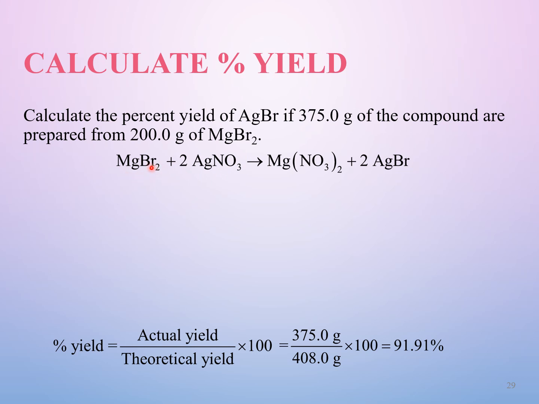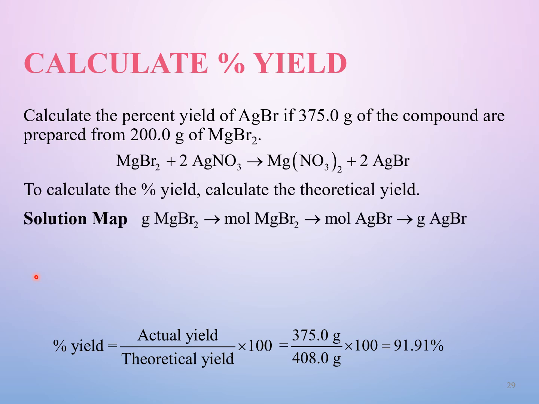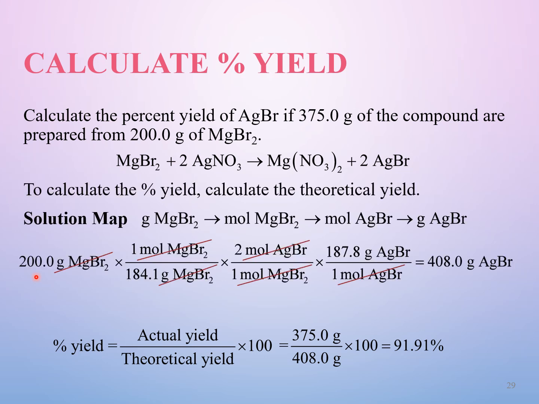So you have to think, if I use all 200 grams of MgBr2, how many grams of AgBr can I make? They're assuming you have excess of silver nitrate here. Okay, so let's find out what the theoretical yield of AgBr is based on 200 grams of MgBr2. So if you want to do that, you do the theoretical yield.